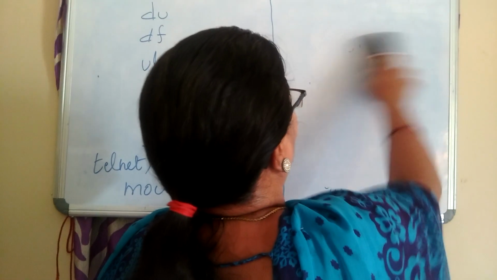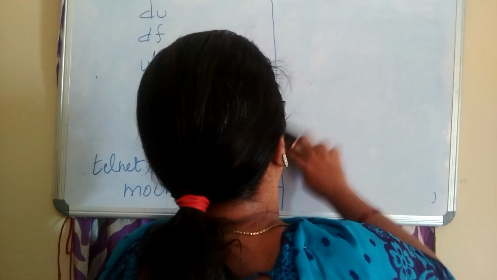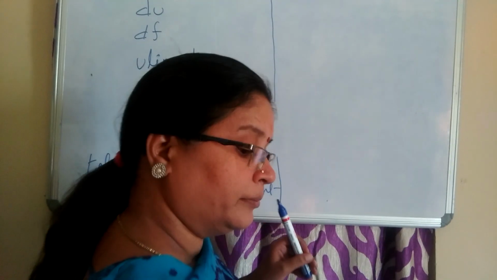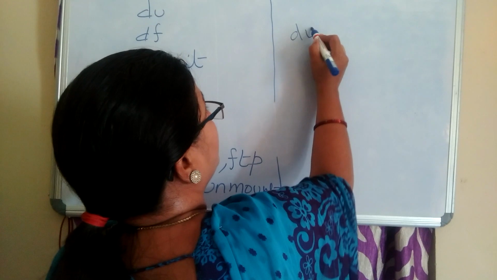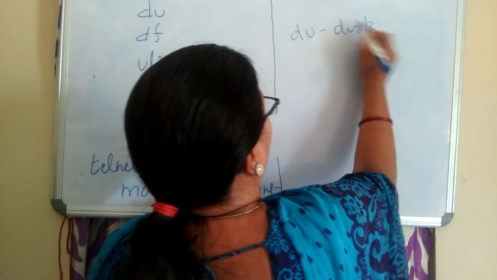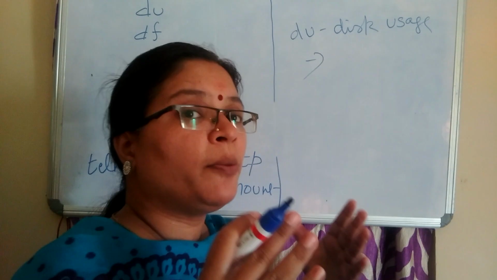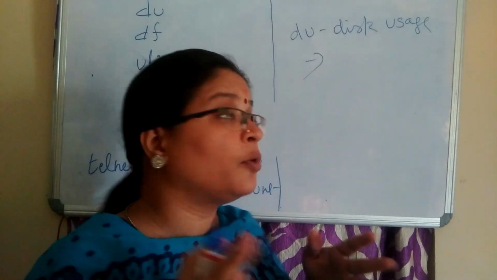What are the df and du commands? Now we are going to see. du stands for disk usage. That means how many blocks of the disk are used so far.